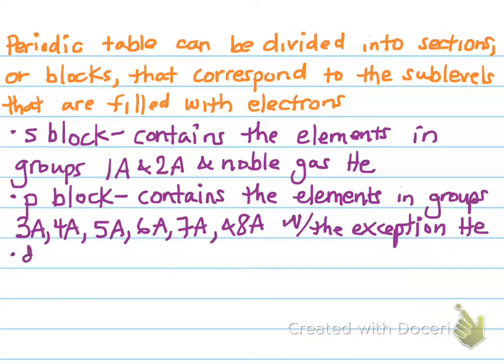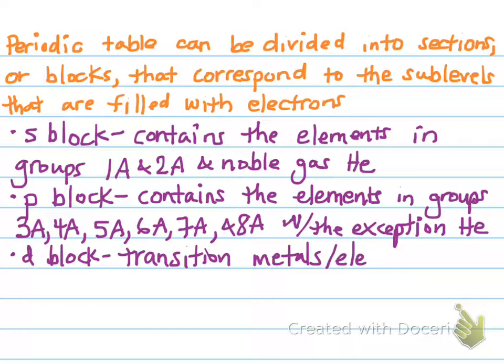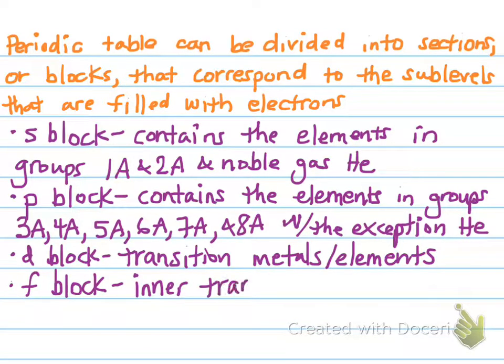We have the D block, which are our transition metals or transition elements. Those, remember, are our short columns on our periodic table. And our F block, which are our inner transition metals or elements.